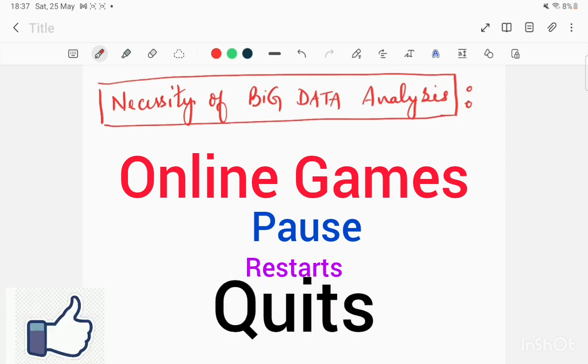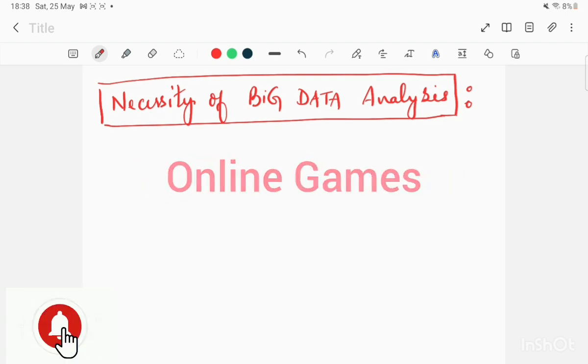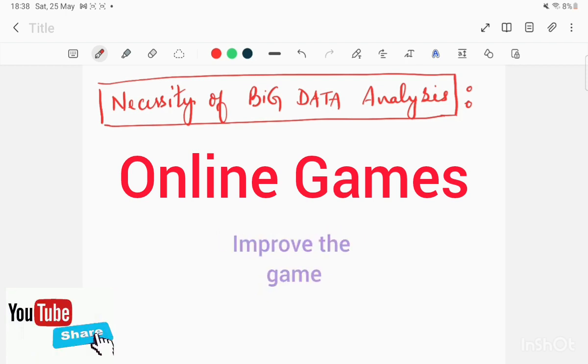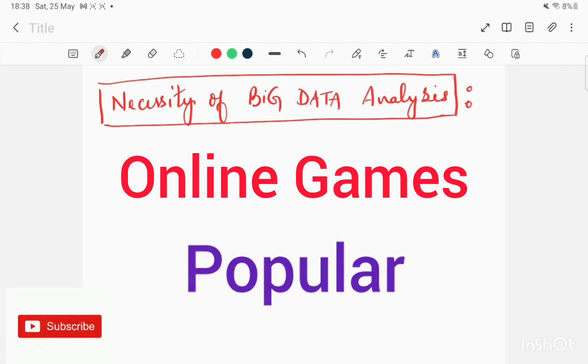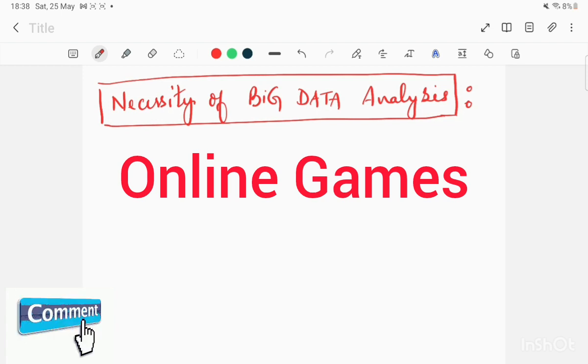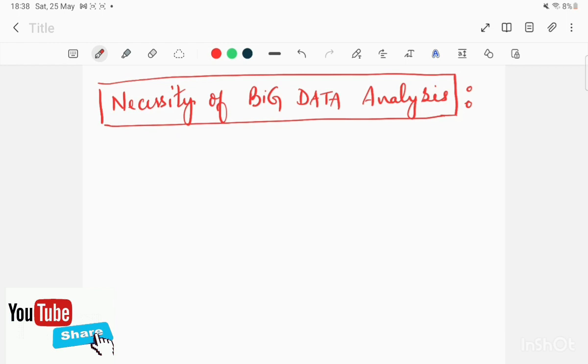By doing so, they can work to improve the game and make it more user friendly and popular. So this is one of the examples of the necessities or applications of big data analysis.